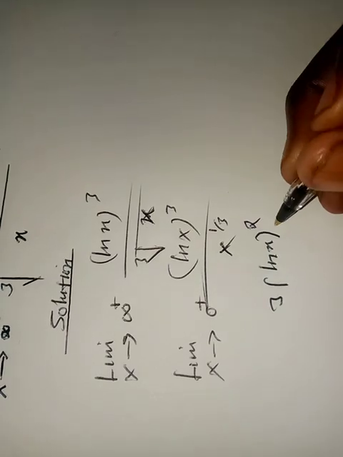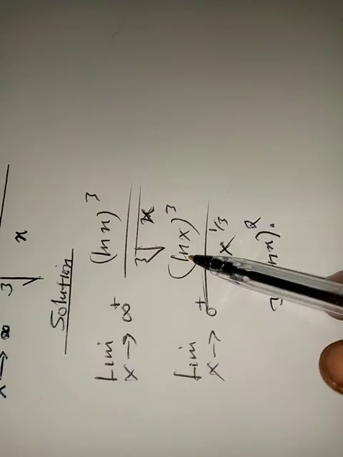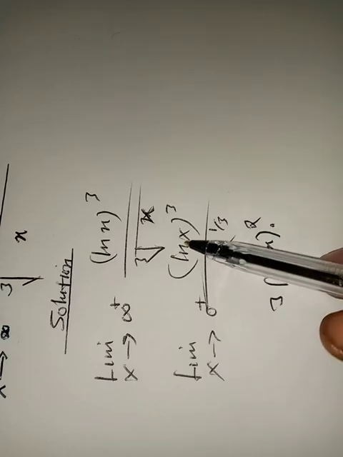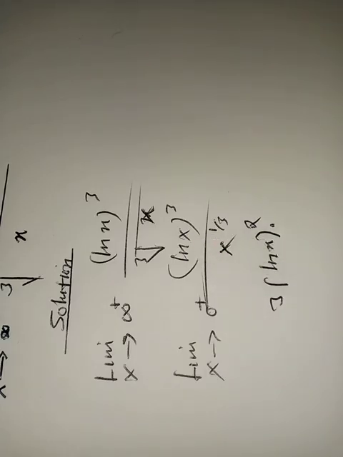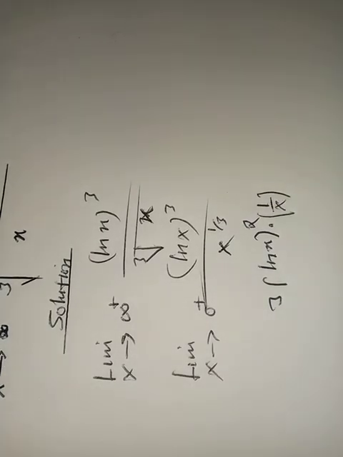Lastly, you go back and differentiate the inside part. This is the natural log ln x, so dy over dx of ln x simply means 1 over x. So you have that, and you are done with the numerator.